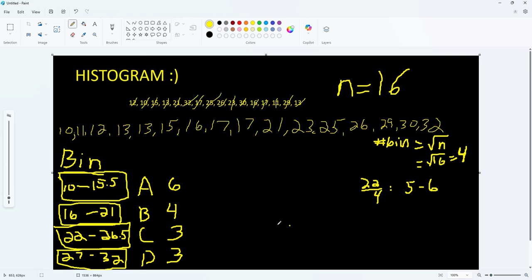Now I can make the frequency, the number of times that the numbers in these ranges show up. This is the frequency, and these are the bins. There are 2 ways to do this.